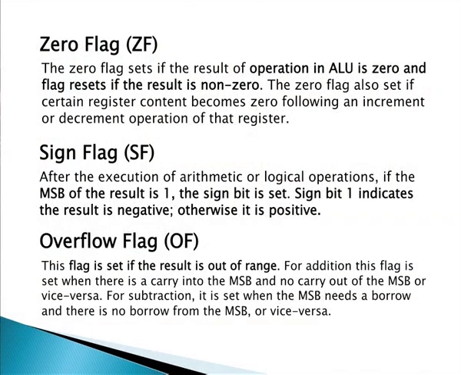Now, the next flag is the zero flag. The zero flag sets if the result of an operation in the ALU is 0 and resets if the result is non-zero. The zero flag is also set if certain register contents become 0 following an increment or decrement operation of that register.